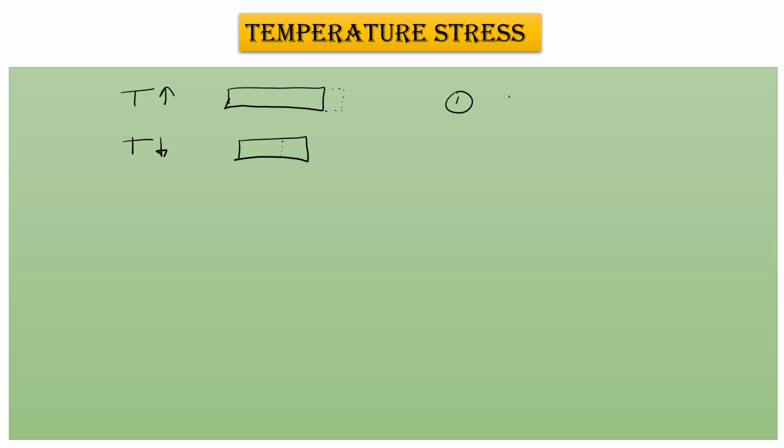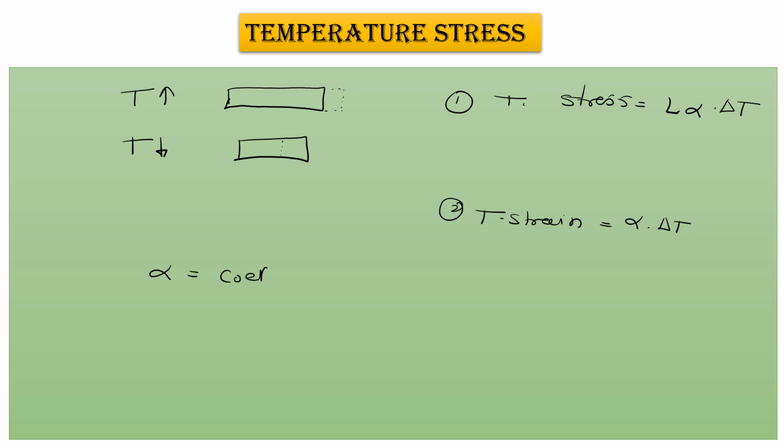Here we first discuss the formula for temperature stress, and then temperature strain. For temperature stress, the formula is E alpha delta T, and for strain, alpha delta T. Here alpha is the coefficient of thermal expansion.